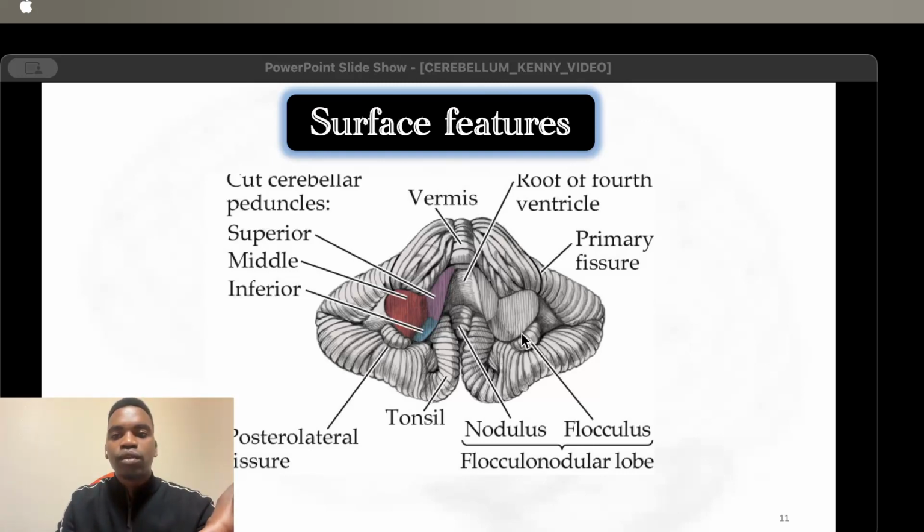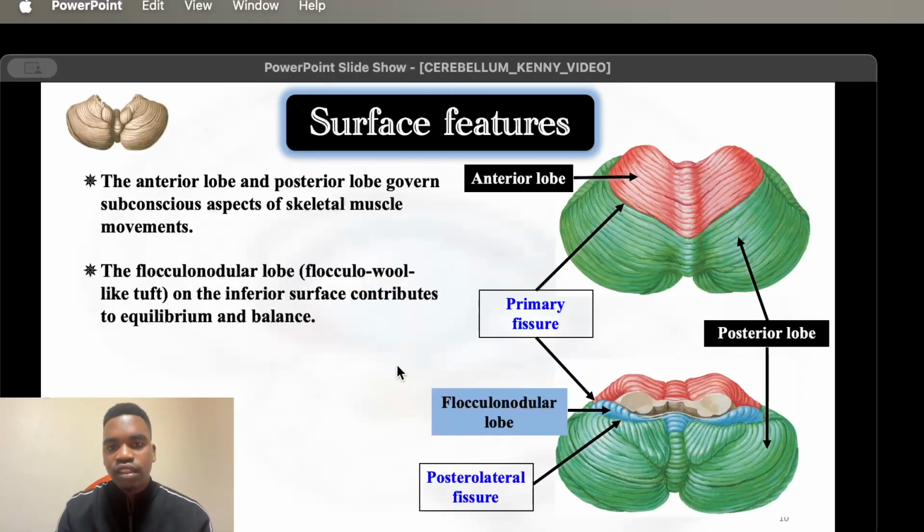And remember, we said we had flocculus here. So we have nodulus at the middle, and then we have flocculus on the right side, flocculus on the left side. I want you to note that they are functionally connected. If you see here, it's not a continuous lobe as we have seen in the previous picture. This is just pictorial presentation.